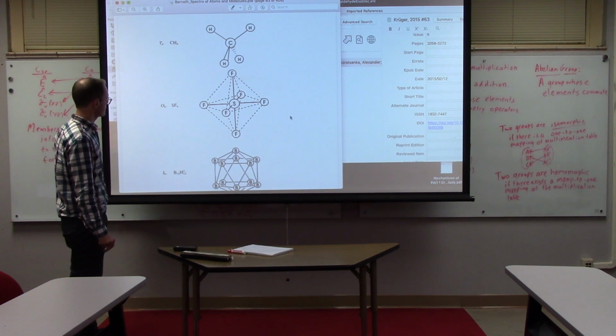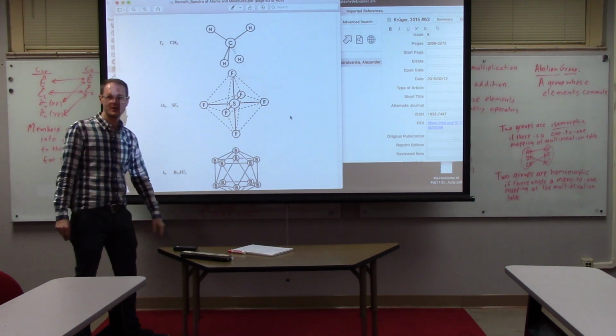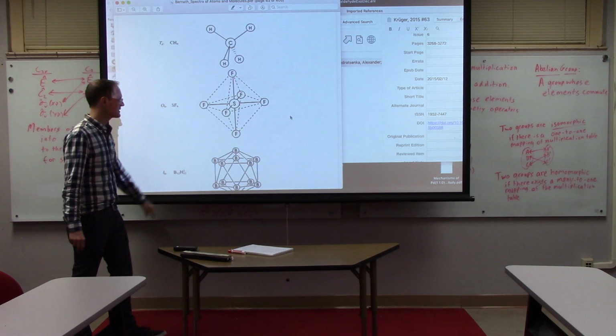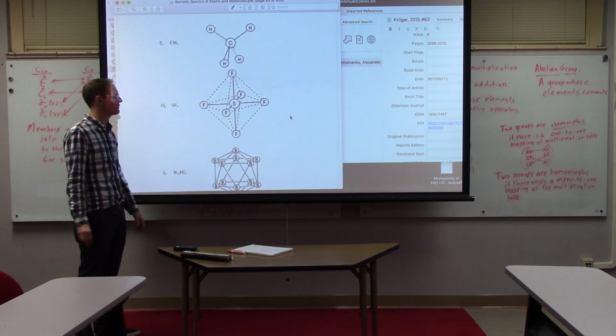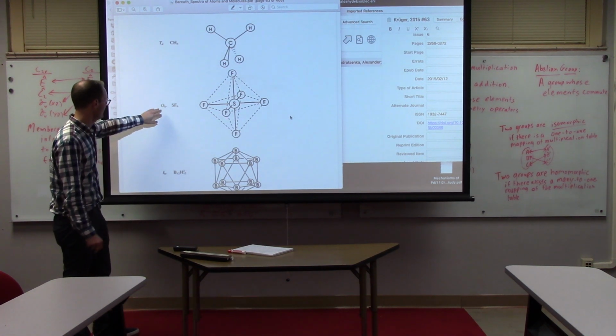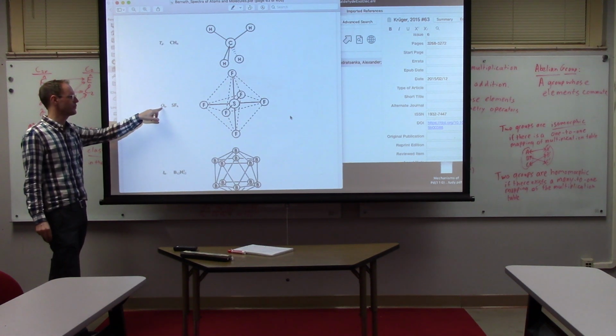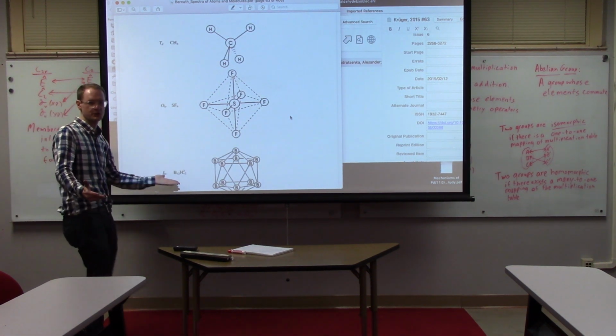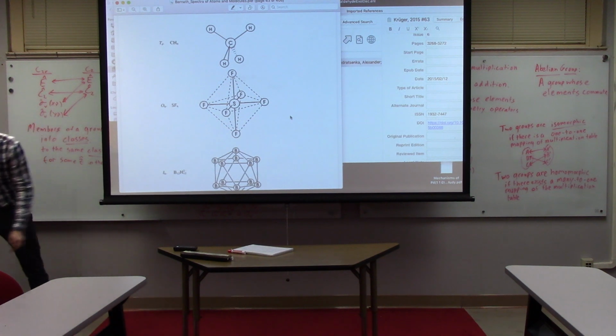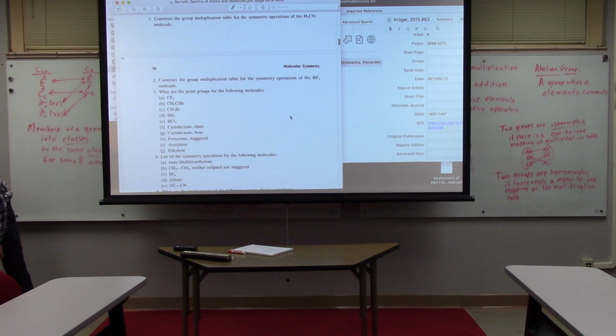Something with octahedral symmetry, such as SF6, is another very highly symmetric point group with many symmetry operations. It belongs to the point group called Oh, which we call the octahedral group. You can take a look at that in your textbook.